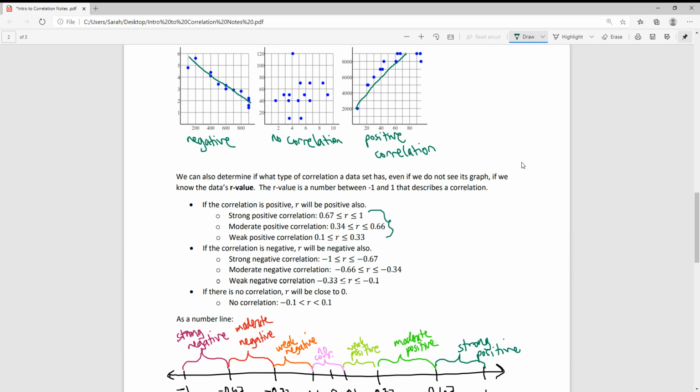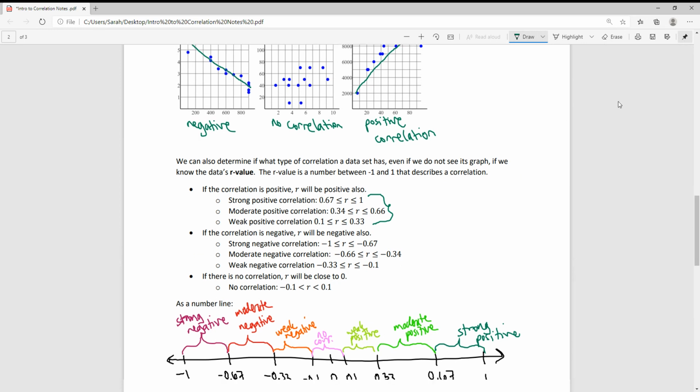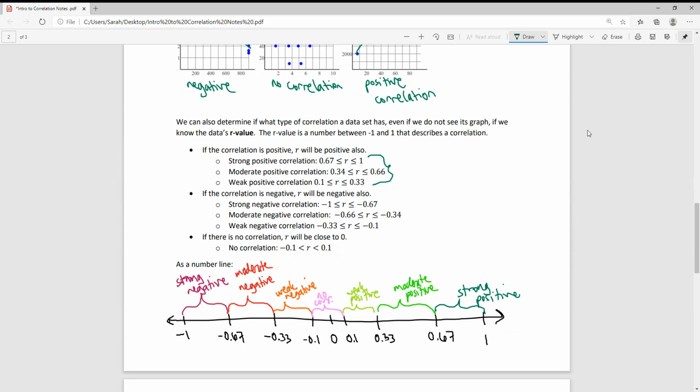And right here, I have the categories for strong, moderate, and weak positive correlations. I've also put them down here on a number line because sometimes it's easier to visualize things on a number line. So anything greater than 0.1, but less than +1, is going to fall somewhere in the positive correlation category. And we have these split into weak positive, moderate positive, and strong positive.